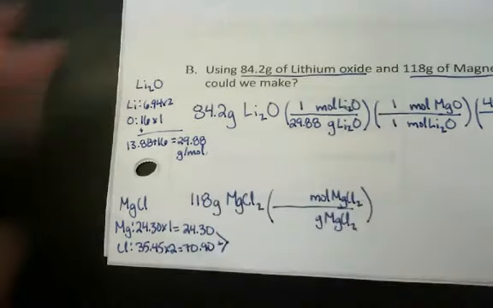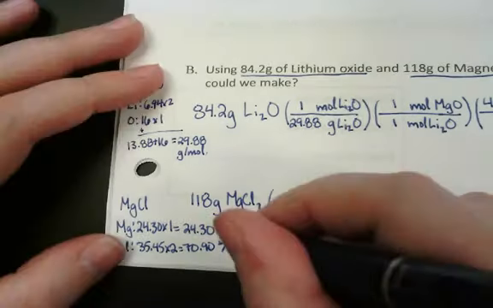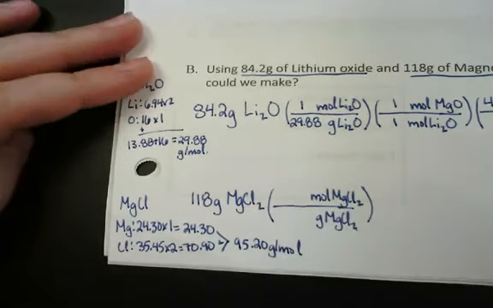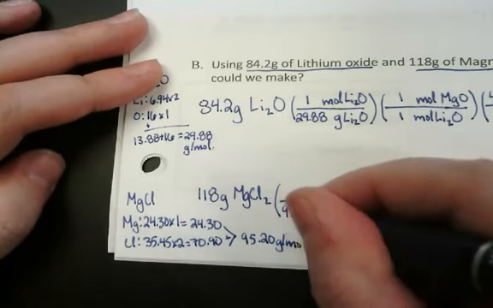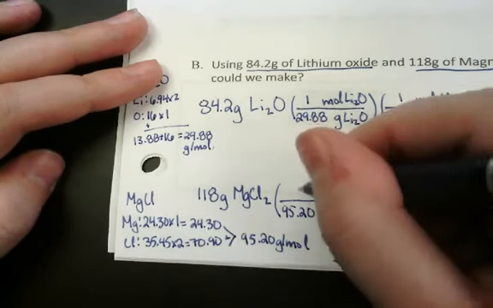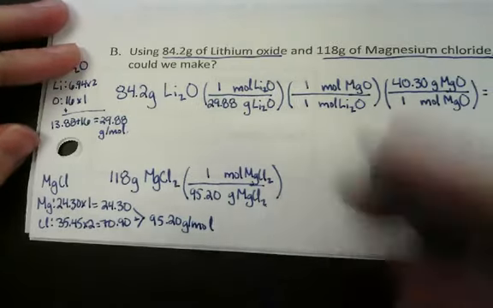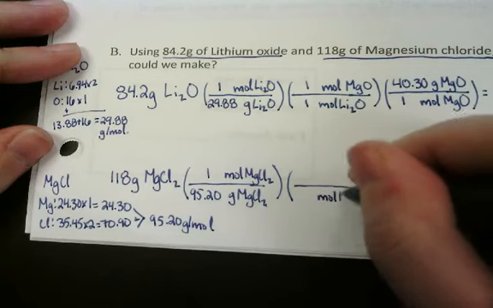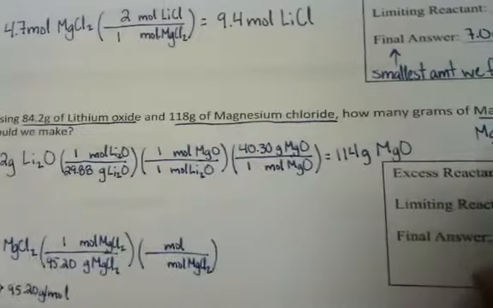Whenever we add them up, you get 95.20 grams per mole. That means 95.20 goes with the grams, and this is 1 mole. So now we're in moles of magnesium chloride, which means we can do our mole ratio step. Moles of magnesium chloride to moles of whatever we're trying to find, which is magnesium oxide.